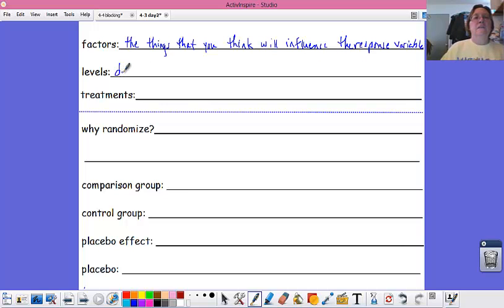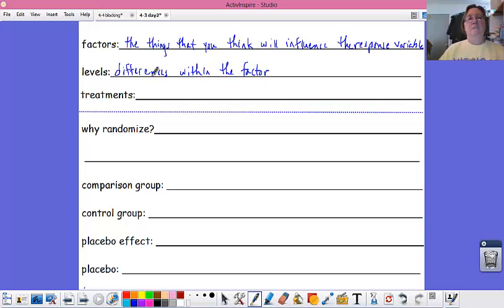Levels are differences within the factors. And in our popcorn deal, the levels were the 2 different types of popcorn and the 2 different types of poppers.